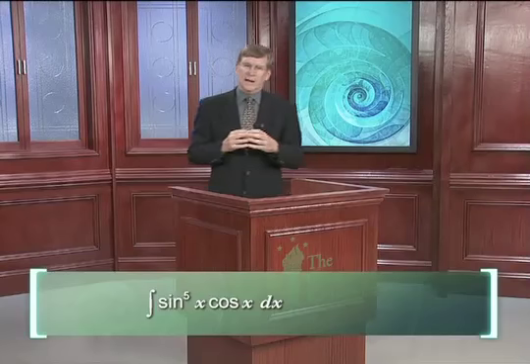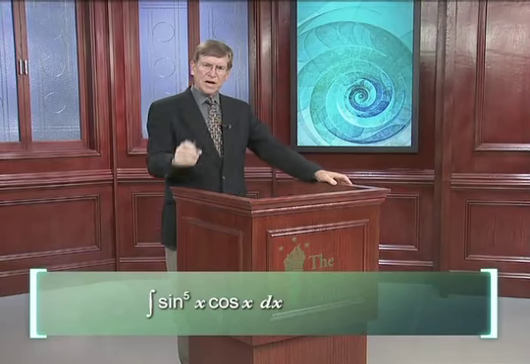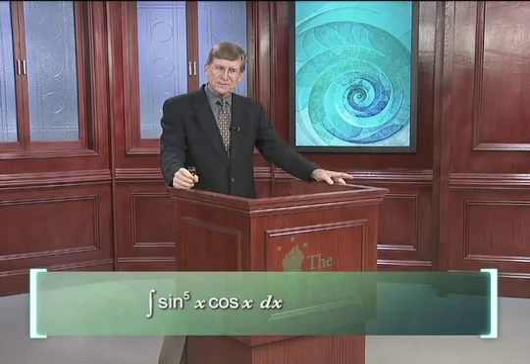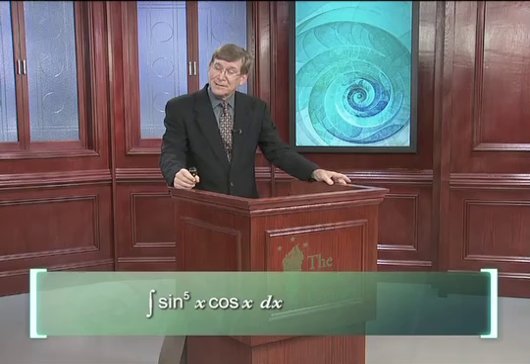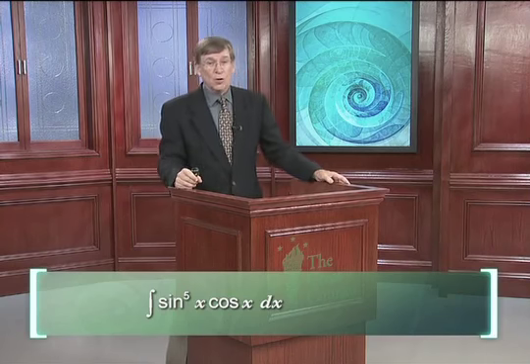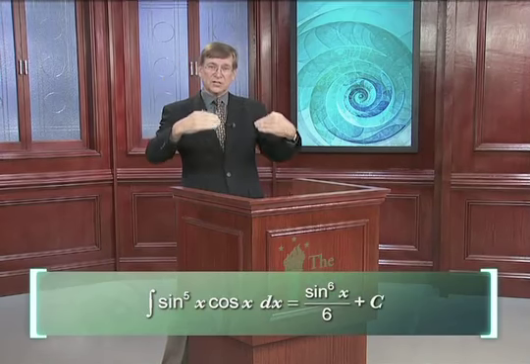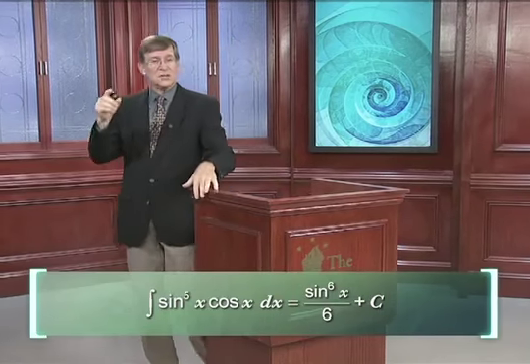What would you say? Well, if I let u be sine x, its derivative is cosine, isn't it? And it's sitting right there. So this would be u to the 6th over 6, or sine to the 6th x over 6 plus a constant. Check that answer.